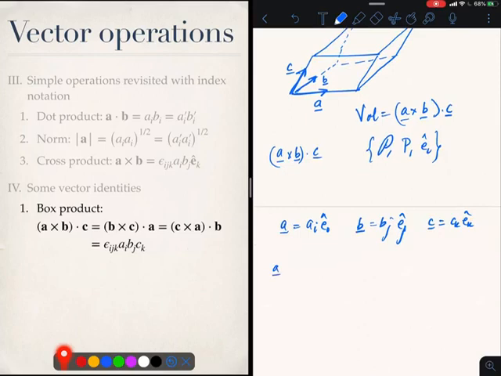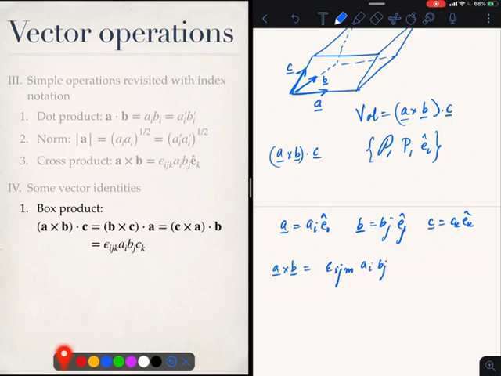All right, then a cross b is simply epsilon_ijm a_i b_j e_m, using this formula over there.